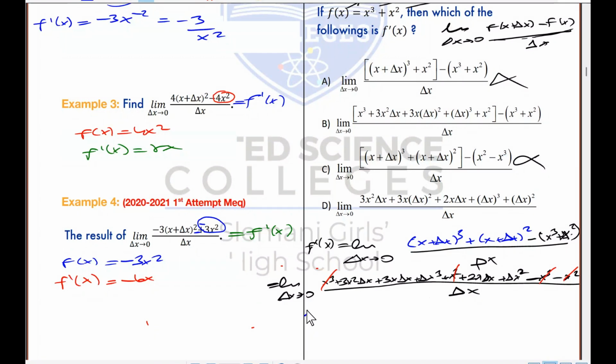So, my result is 3x squared delta x plus 3x delta x squared plus delta x cubed plus 2x delta x plus delta x squared all over delta x. Now, do you see the answer in options? I think I forgot to here.